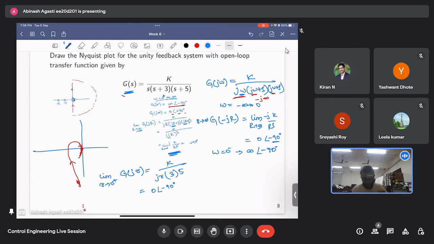Yes, sir. So see that when I have 0 plus, I'm getting infinity at minus 90 degree, and if I have 0 minus, then I will get infinity at plus 90 degree. So I was correct here. Is everyone on board with this? Is everyone clear till now? Any doubts here?